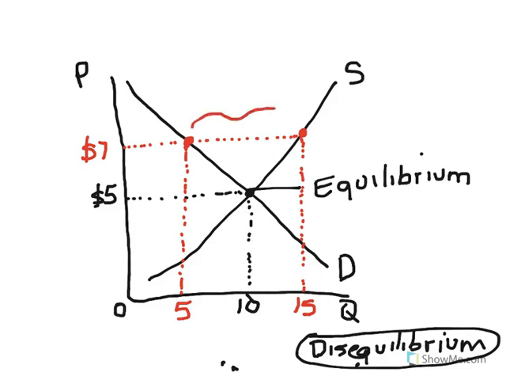So when the market price is set higher than the equilibrium price, it's going to create what we call a surplus. And in this case, the surplus would be equivalent to the difference between how much is going to be purchased, which is 5, and how much the firms actually want to sell, which is 15. So the surplus would have a value of 10.